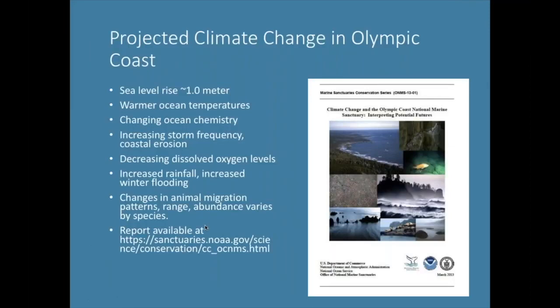We were very fortunate in that we have done a lot of background work on what the impact of climate change will be on the Olympic coast. Back in 2013, we commissioned a report that brought together 26 different experts to help us think through what will be the impact on physical processes related to climate change, what will be the impact on habitat, and what will be the impact potentially on different species of concern for the next 50 to 100 years.